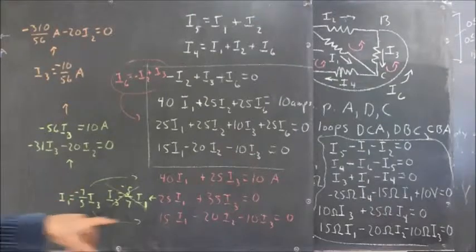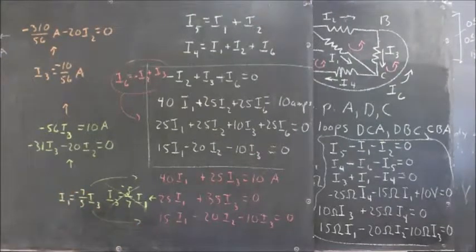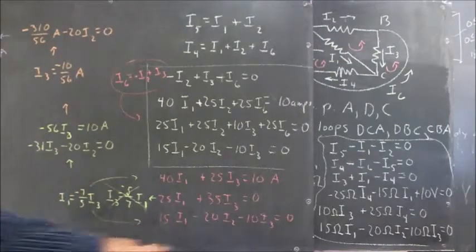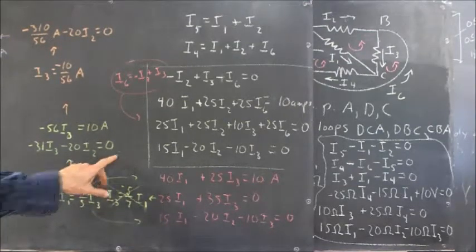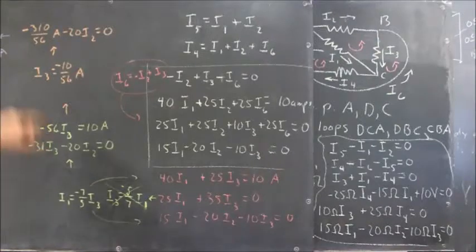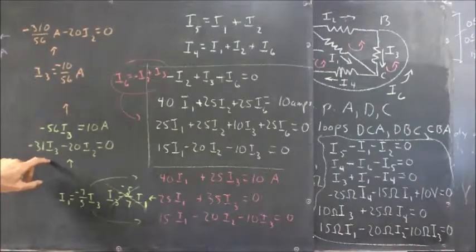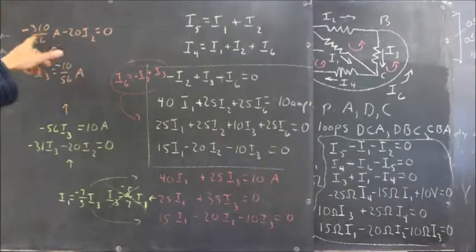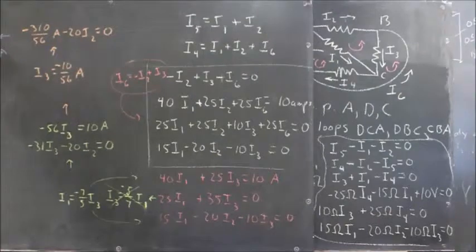The 7/5 of 15 is going to give me negative 21, and then I got a negative 10 I3. That's negative 31 I3 minus 20 I2 equals 0. We will solve for I3, so we plug that in here, and we get a result here. And then we use this result. We solve this easily for I2. We get this, except I'm going to have to change it a little bit.